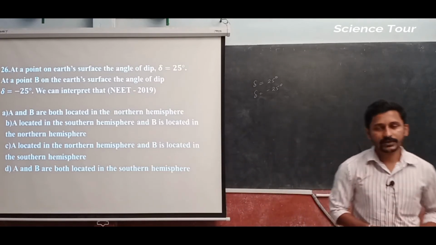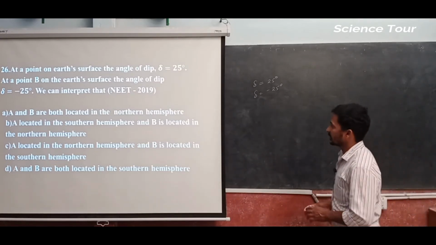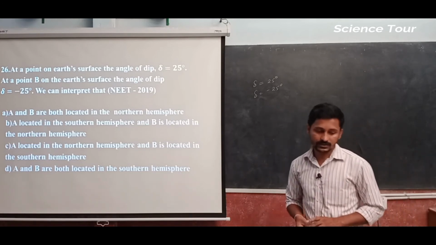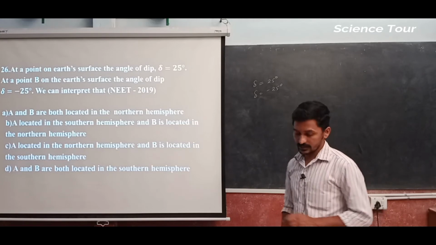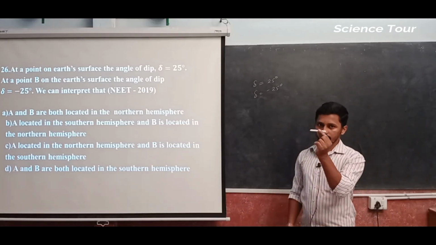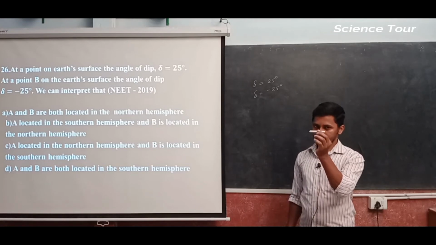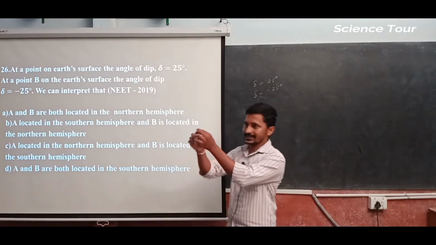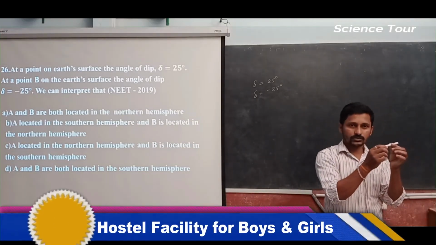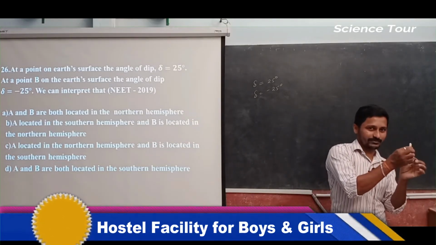So magnetic dip, how is it? Point A is given and point B is given. Somewhere it becomes minus. When are you going to get it as minus? Dip is in this way, no? It will be straight at the equator. You will go one side, you get dip towards the south, and on the other side you calculate the opposite.